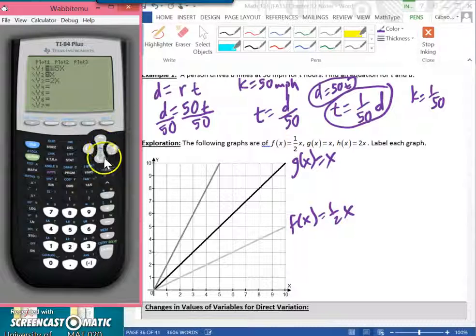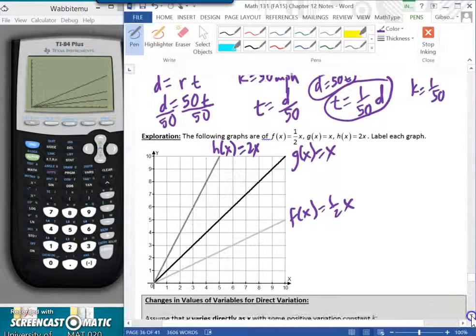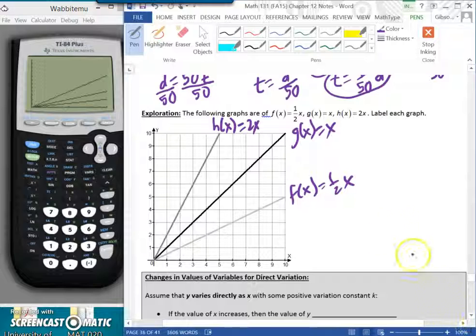And then finally, we could turn on the y sub 3 and then graph that. We know that this is the larger of the three. Starts going up faster than the rest. Okay, now, any questions on this?